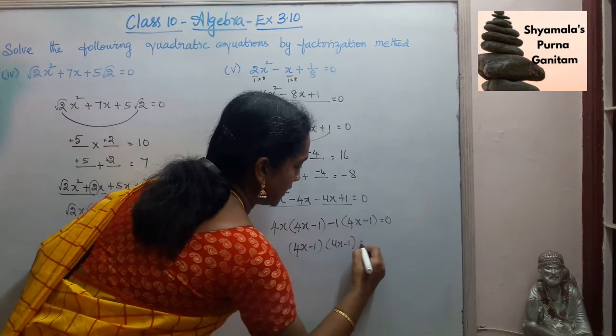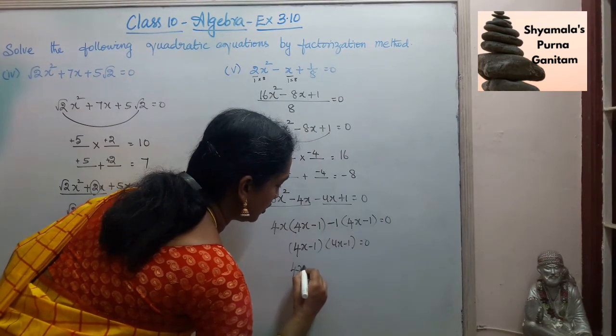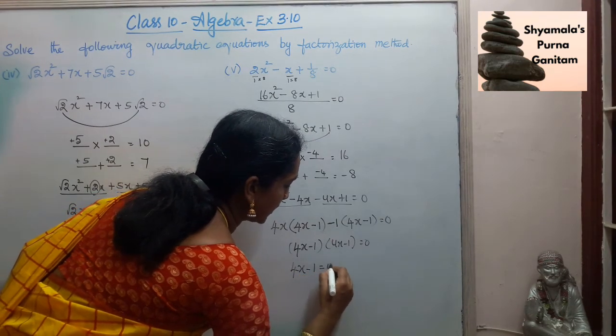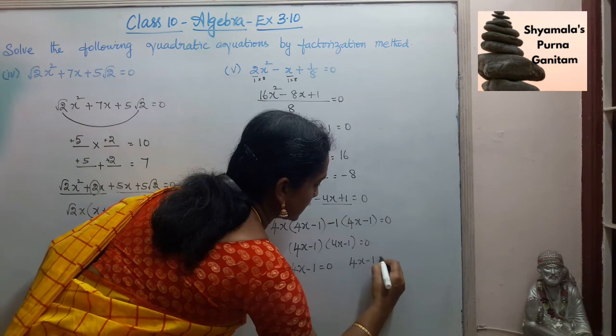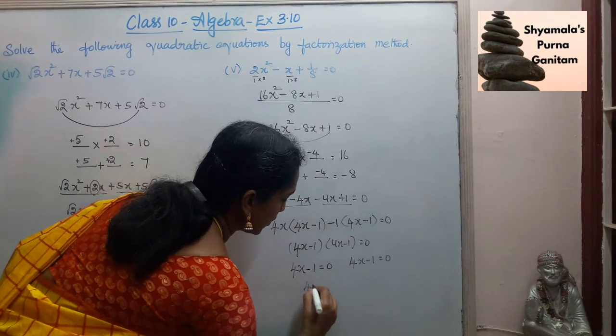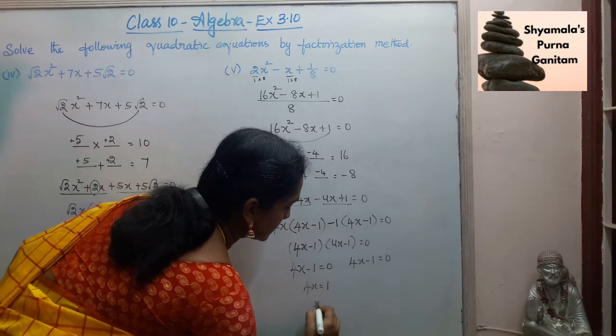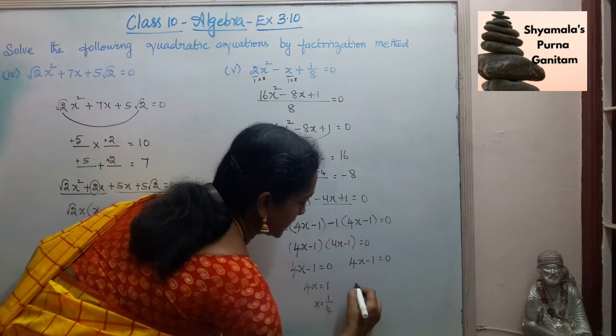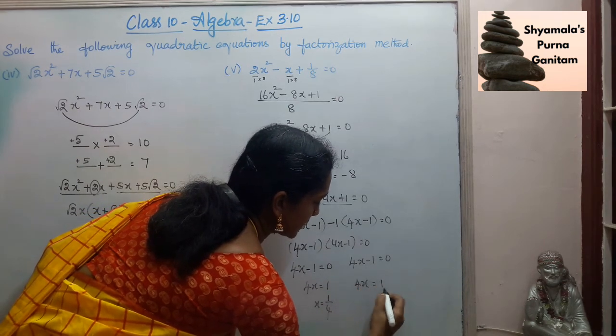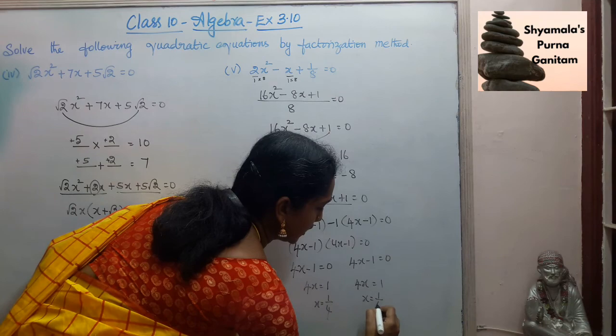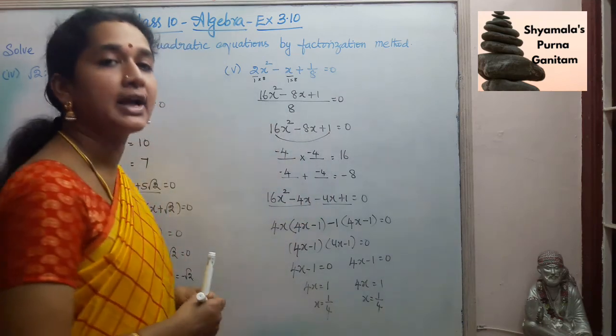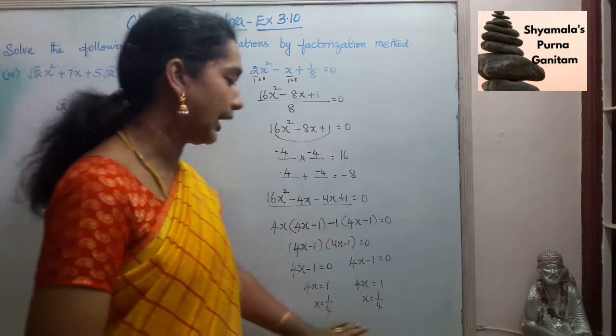Now we equate 4x minus 1 is equal to 0, so 4x is equal to 1, x is equal to 1 by 4. The same thing here also, 4x is equal to 1, x is equal to 1 by 4. So the roots are 1 by 4 and 1 by 4.